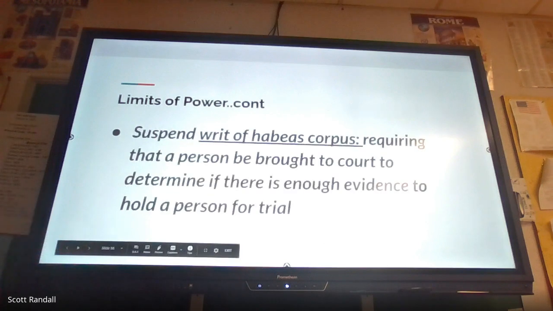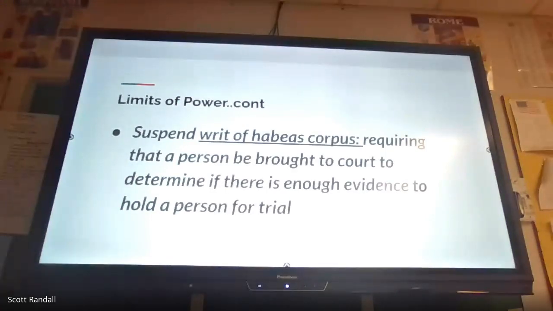And the other one is writ of habeas corpus, which is a Latin term meaning of the body. That if you're charged with a crime, you must be told what you're being charged with. You've got to go through things like a grand jury. This has at times been suspended, during the Civil War.